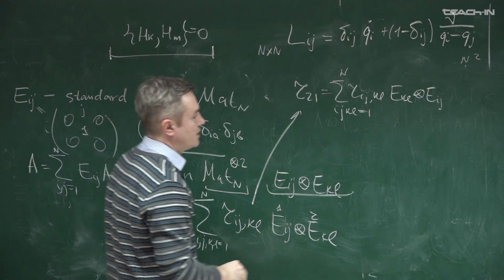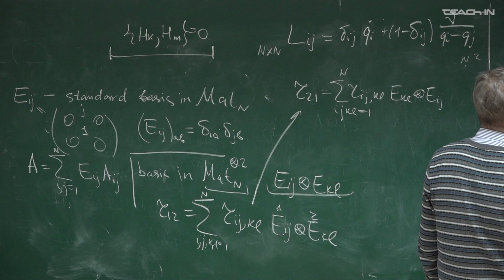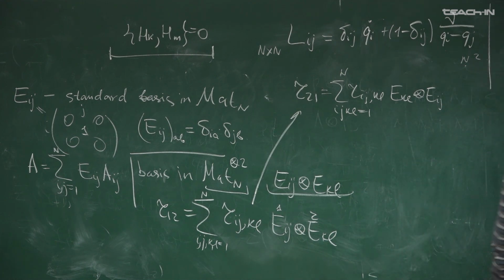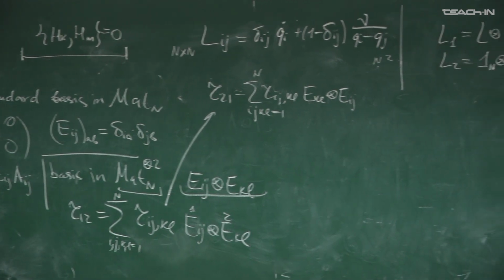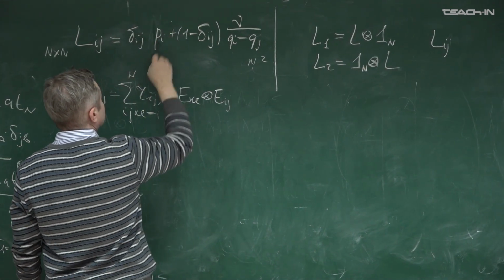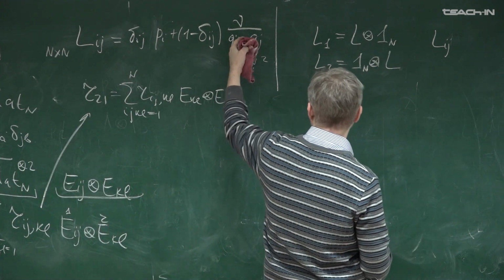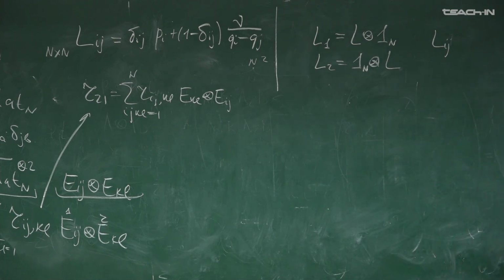So, now let us come back to what I promised to explain. Our matrix elements of the Lax matrix L are some functions on the phase space. For example, the diagonal element is given just by a coordinate, which is momenta, and the off-diagonal elements are some functions of coordinates.